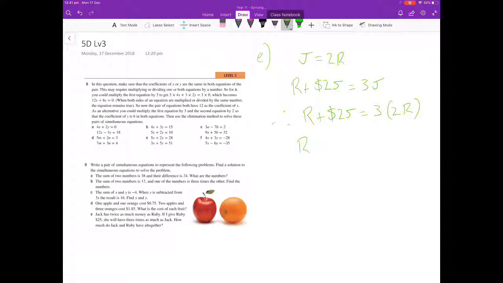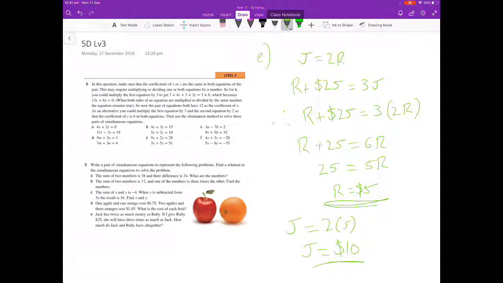So R plus 25 equals 6R. Alrighty, so we've got 25 is 5R, so R is 5. If Ruby has $5 and Jack's got twice what Ruby's got, Jack would have, of course, $10. All together is the question, so all together they've got 15. Yay!